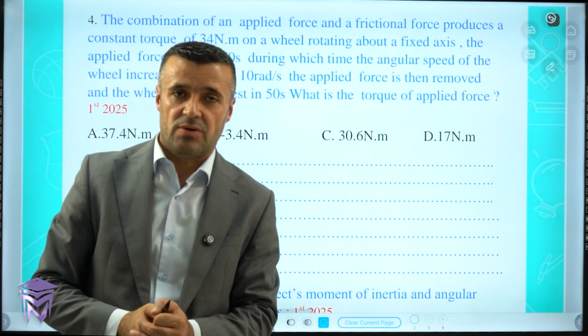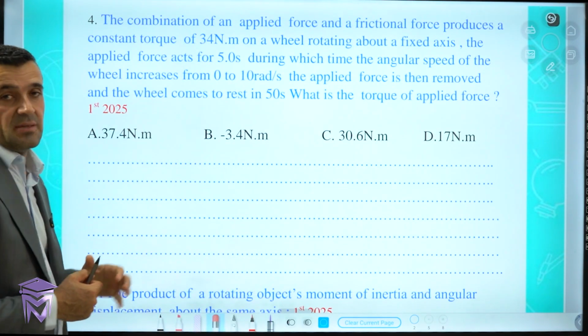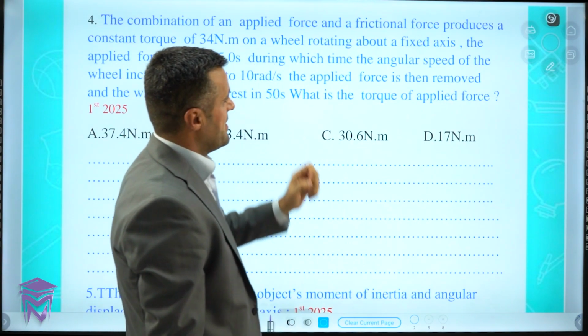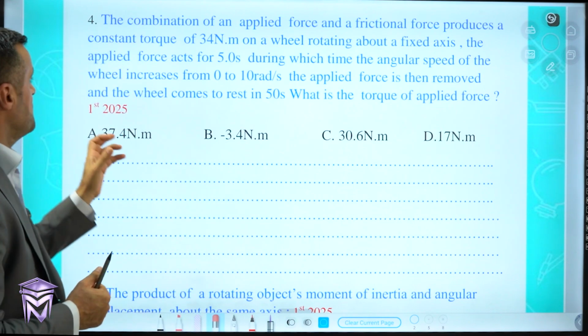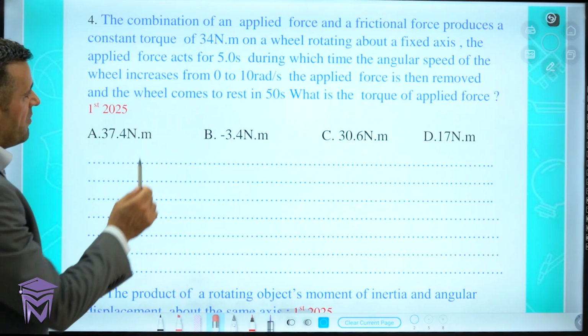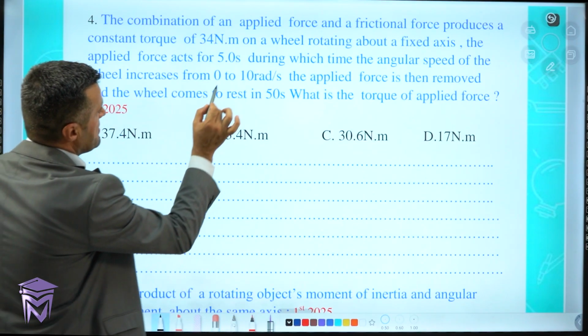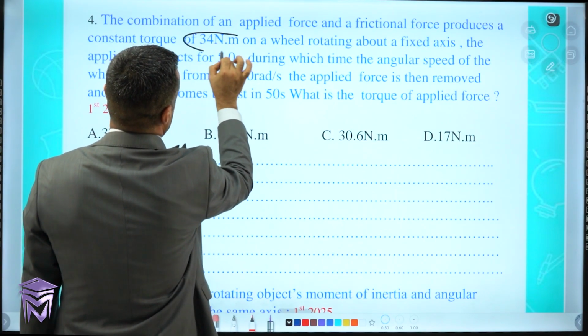Dear students, now I will solve question 4 about chapter 2. The combination of an applied force and frictional force produces a constant torque of 34 Newton meter. This number is very important.